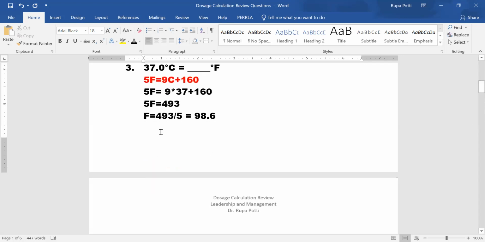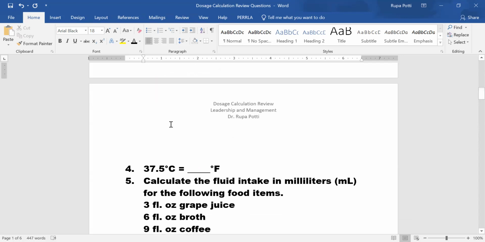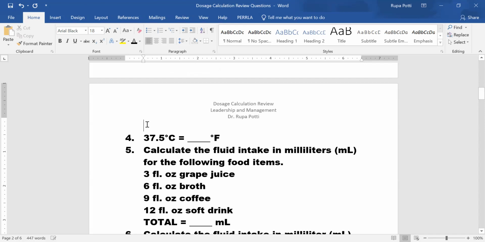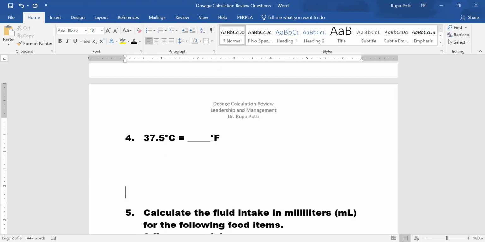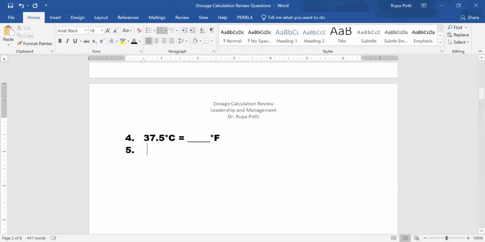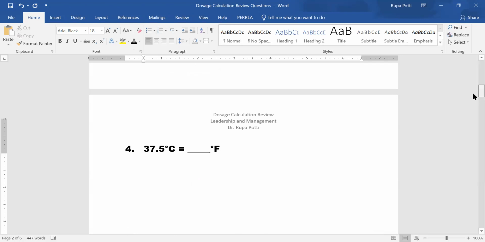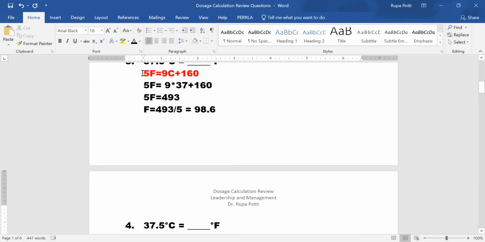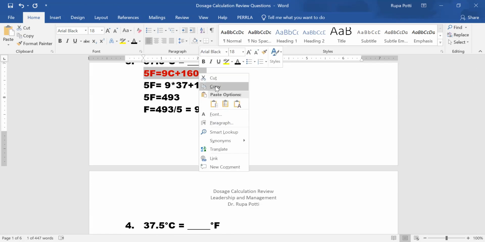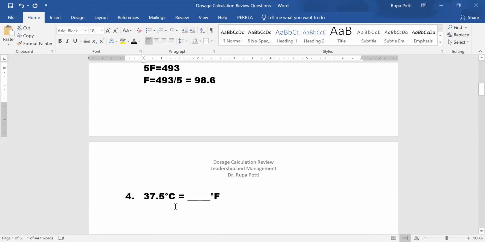Okay, we'll just do another problem like this. So again, you would carry your formula on your dry erase board or scratch paper that is given to you. In your NCLEX, you're going to write down the formula.